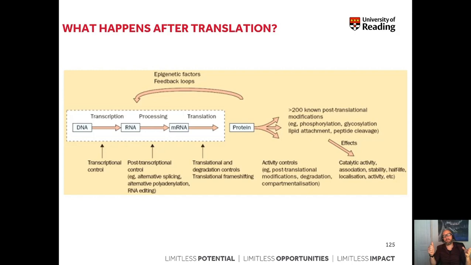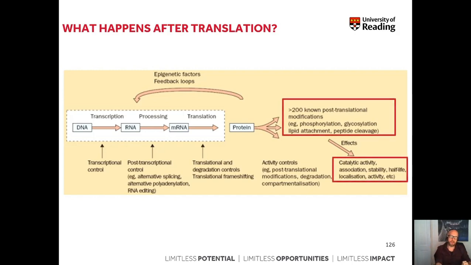They can be made shorter by a process called proteolysis. And all of those modifications do have effects on catalytic activity of proteins, on the ability of those proteins to associate with other proteins, on the stability, half-life, localization, and so on. So this step is also quite important.